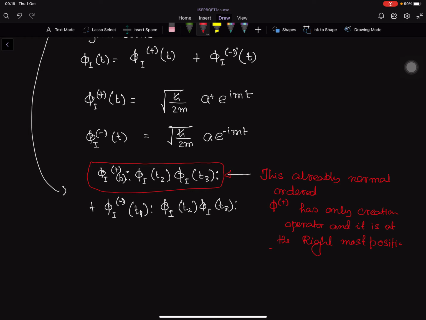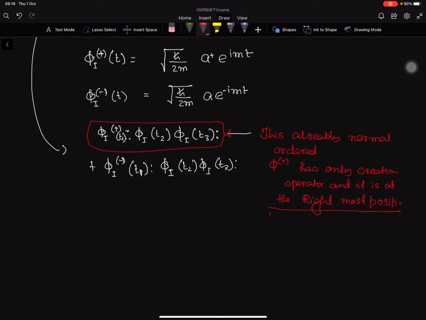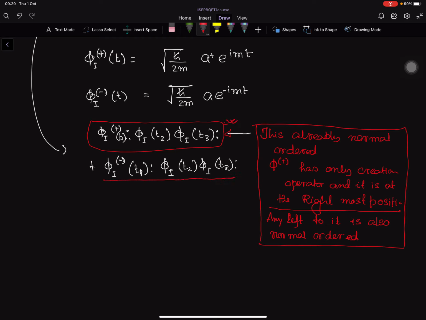Also note that anything to the left of it is also normal ordered by our construction. So the whole thing is normal ordered, and we are good with this term. Now our worry is how to do this term.